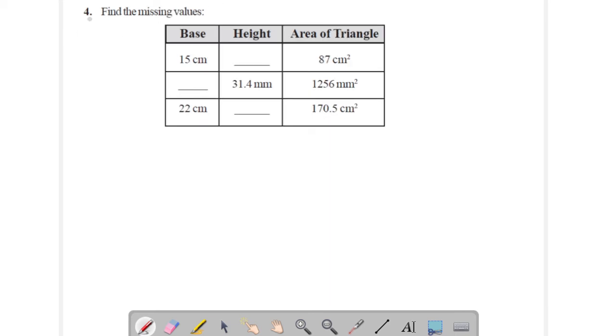Now come to question number 4. Find the missing values. See the solution. See A part. Here base of triangle it is given to you 15 centimeter.